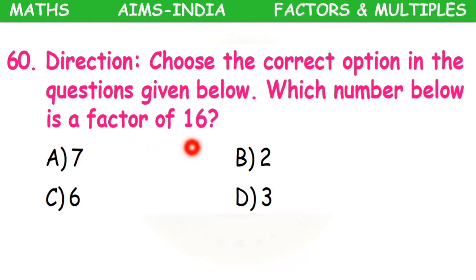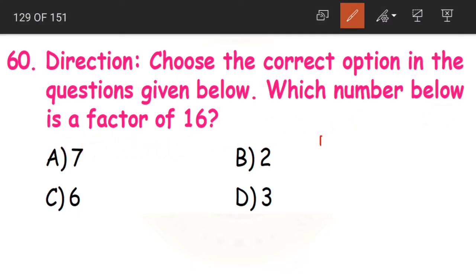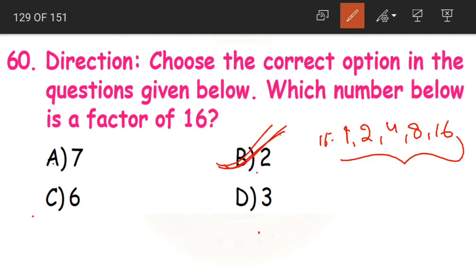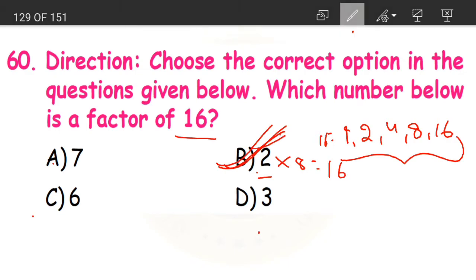Which number below is a factor of 16? What are the factors of 16? 1, 2, 4, 8 and 16. Now from the given options, which is matching these factors? Option B, 2. Yes, 2 is a factor of 16. 2 8s are 16.